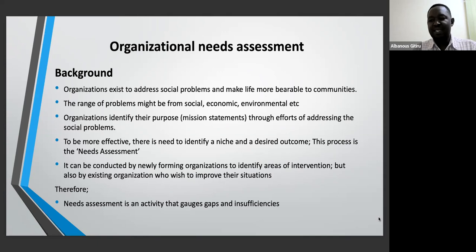They would want to assess gaps in their programs in terms of enhancing, scaling up, and such kind of thing. In a nutshell, what we are saying is that the needs assessment is an activity that gauges gaps and insufficiencies. What are these gaps? How do we identify these gaps? Now, that is the process of needs assessment.